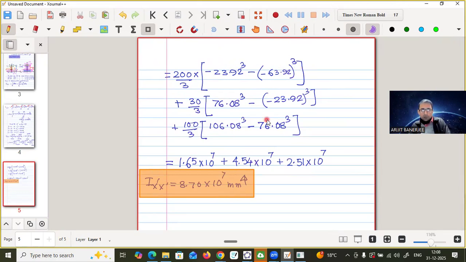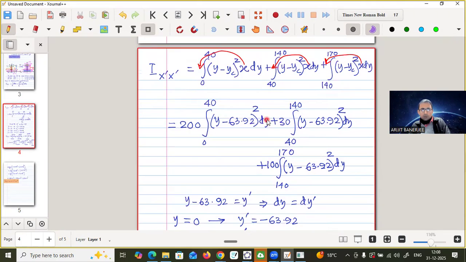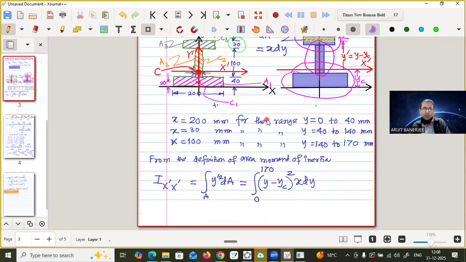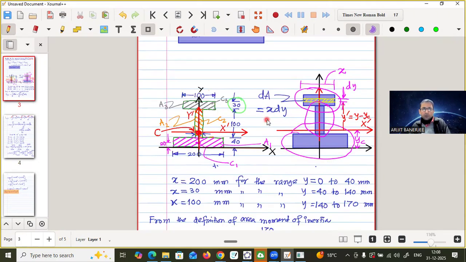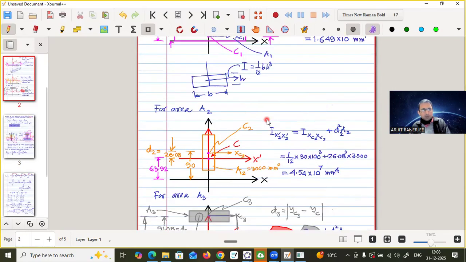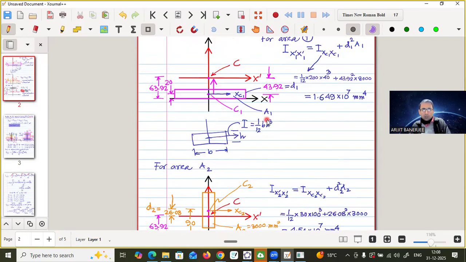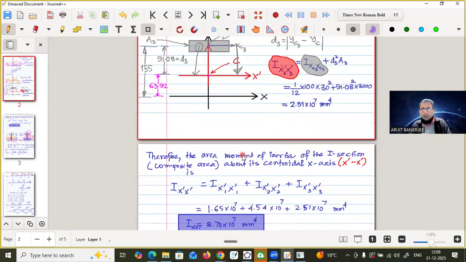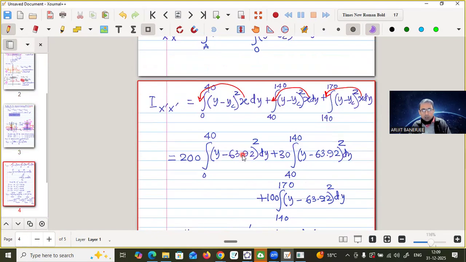Many teachers suggest that applying the parallel axis theorem can be easy, so you can adopt that. Whatever you find easier, you can adopt. I demonstrated with both the methods, so you can adopt any of them, and the answer will definitely be similar. Okay, so this is one thing.